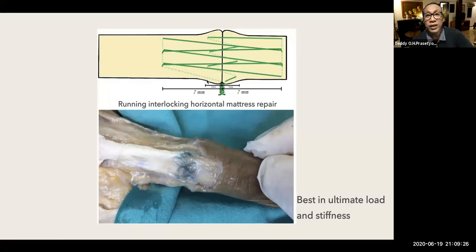In my understanding, with whatever techniques for repairing the tendon, the more core sutures you put into your repair, the greater the strength to hold, meaning the greater the strength against breaking and gapping. So that applies to all of the surgical techniques.